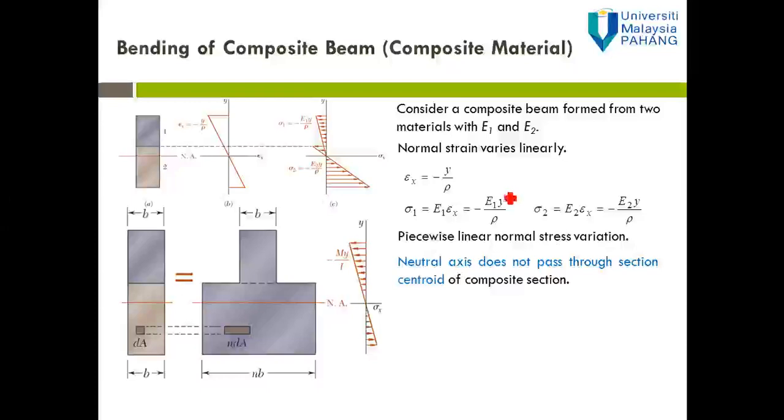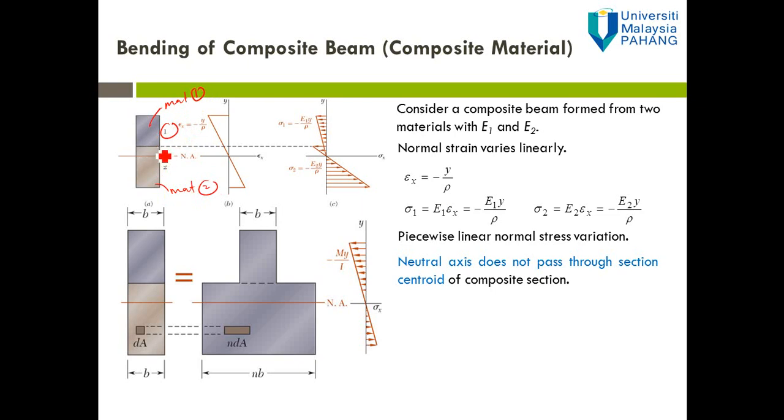Now let's look at how the stress and strain are distributed in the composite beam. Let's say we have a composite beam made from material 1 and material 2.